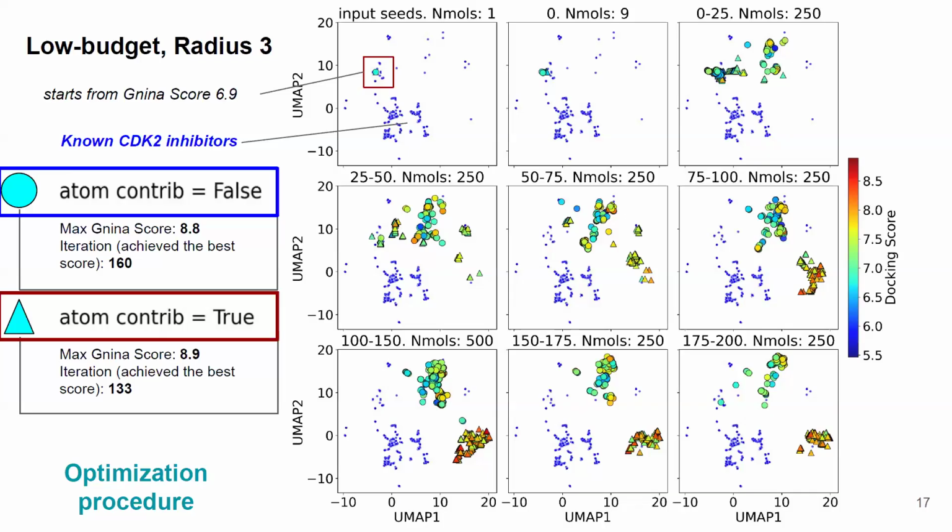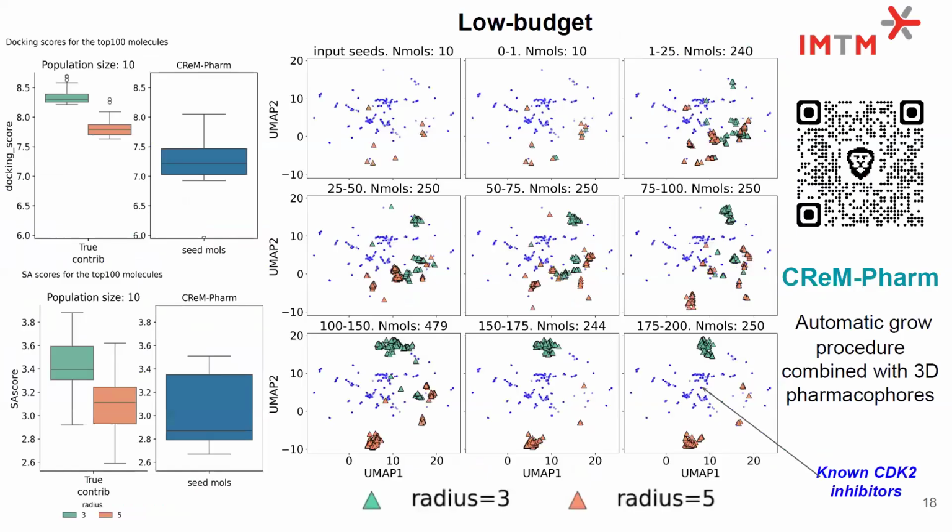At the end, we have completely different clusters for the atom contribution and not atom contribution approaches. By the color, we can also see that with atom contribution we could find a more beneficial chemical space. There are more red and yellow colors, while for the not atom contribution case it is mostly blue or green, within the same number of iterations.